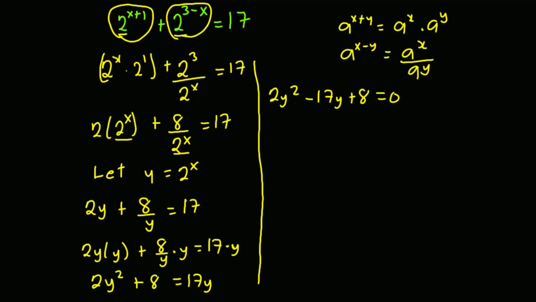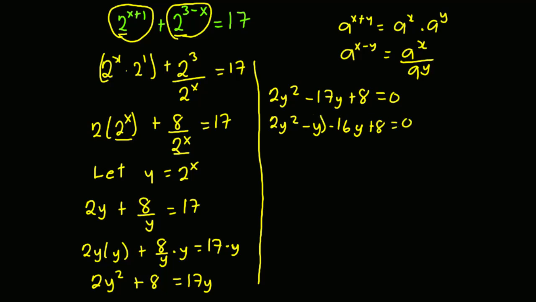You agree with me that this is the same as negative 1 and negative 16. So this will give 2y squared minus y minus 16y plus 8 equals 0.